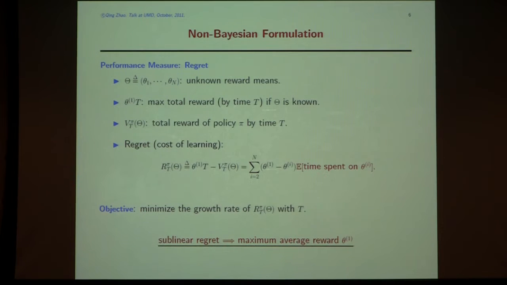We should always play the arm with the largest theta. I use the superscript 1 here indicating the order, the rank of the theta. So this is the largest theta. If we know the parameters, then we will always play the arm with the largest theta over capital T time. This is the expected reward we will get.